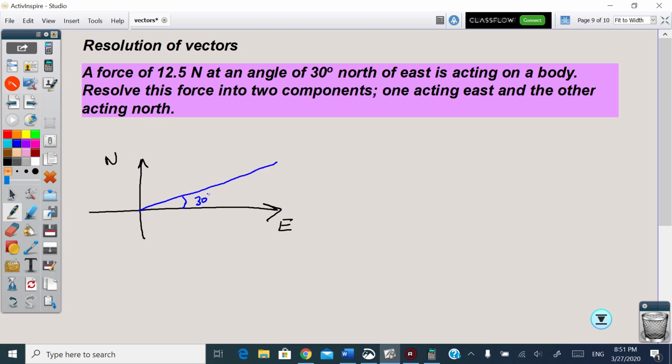And it's acting on a body. Let's say the body is here. And I want to resolve this force into two components, one acting east and one acting north. So it's as if I'm saying I want this part here and this part here.